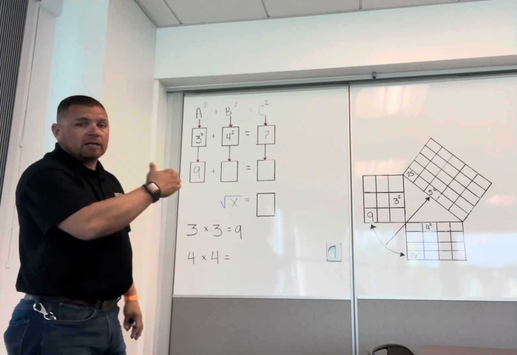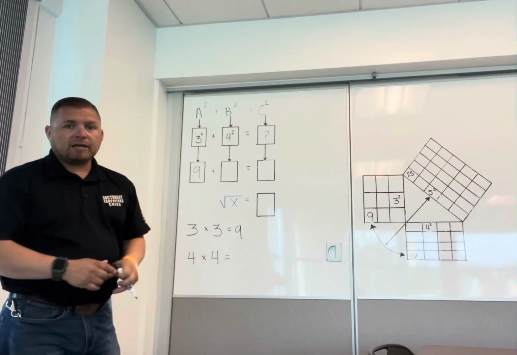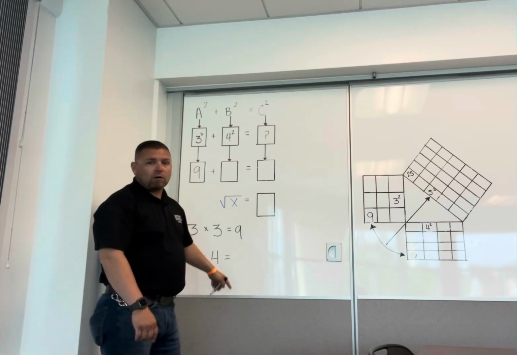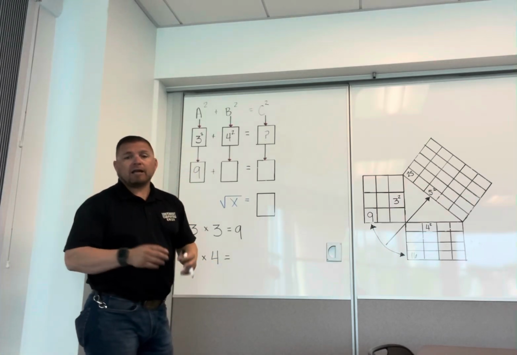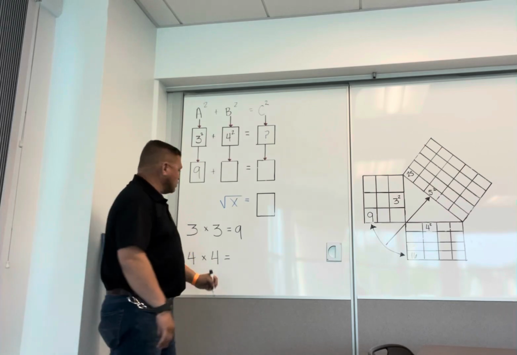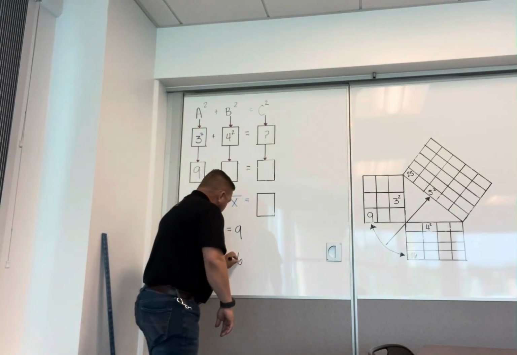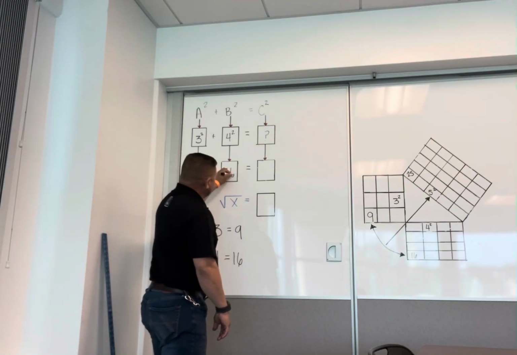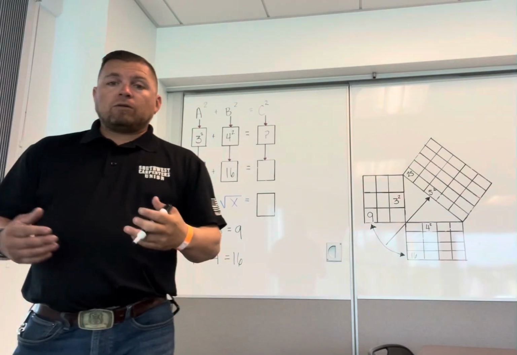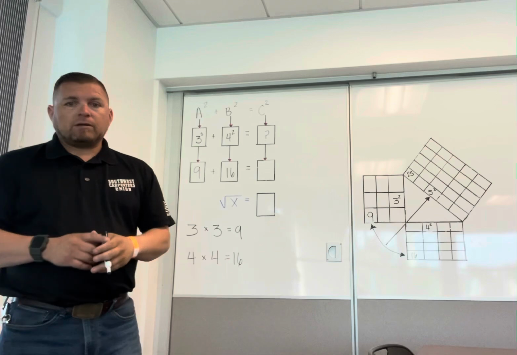Now I'm going to move on to our run, which is our b squared, and that's going to give us 4 times 4 because it's 4 to the second power again. Again, not 4 times 2, it's 4 to the second power, which would be 16. So once we've established that, we still don't know what the c is because it's unknown.